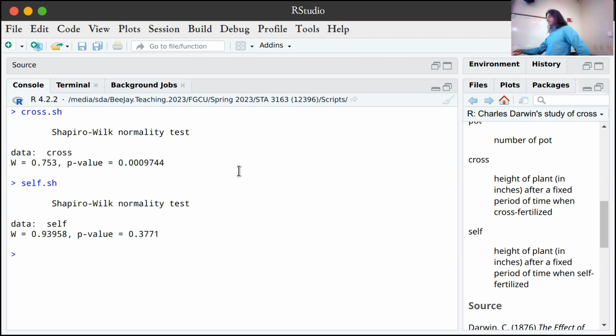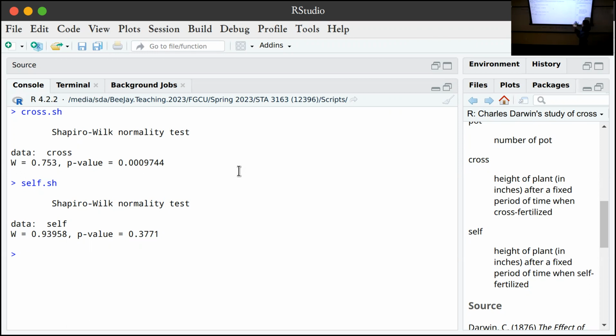If we reject the null in Shapiro-Wilk, are we saying that the sample is not normally distributed? Yes or no? Reading helps, it should be in your notes. What does it mean? It means it's not normal.